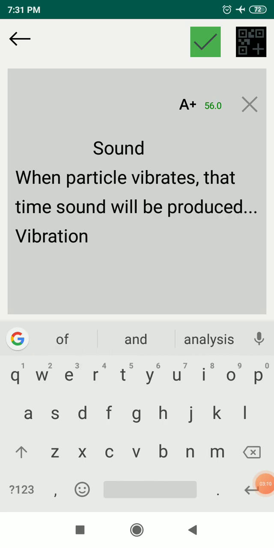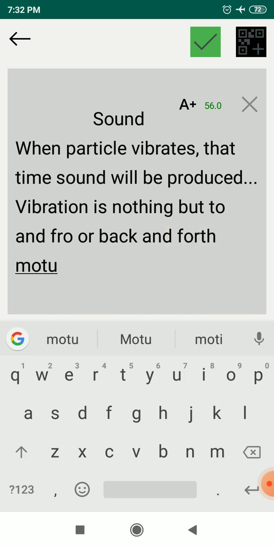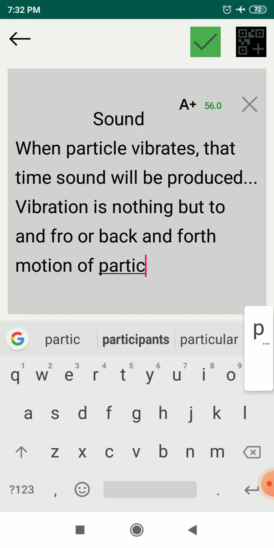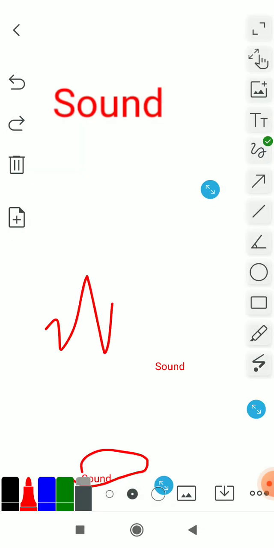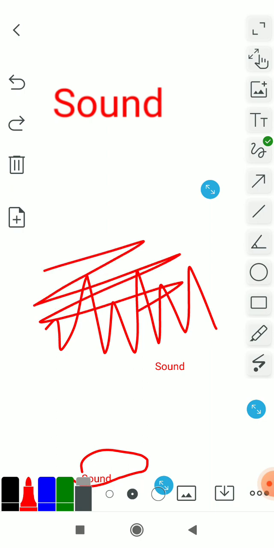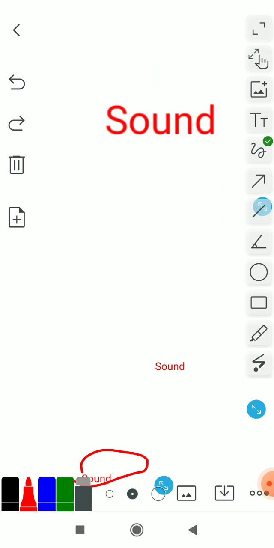It is nothing but to and fro, or back and forth, motion of the particle. Whenever a particle does this kind of back and forth motion, vibration is happening and sound will be produced.